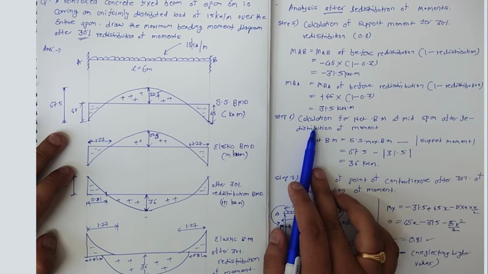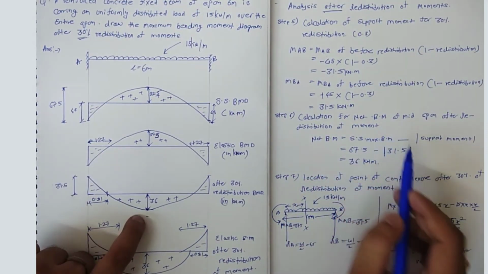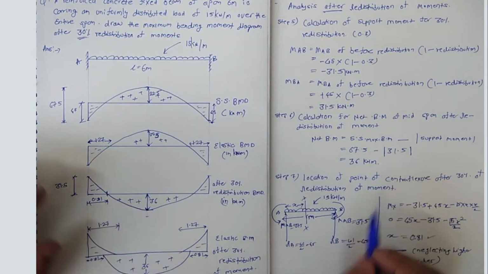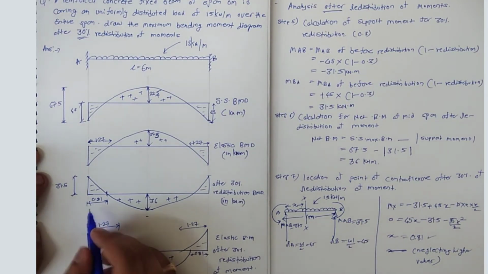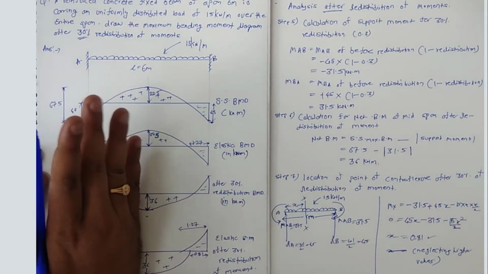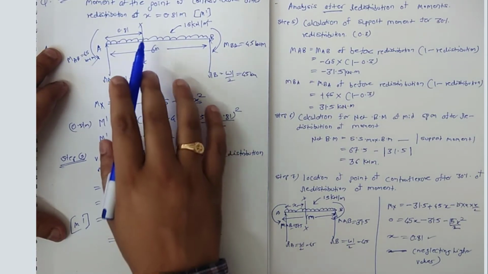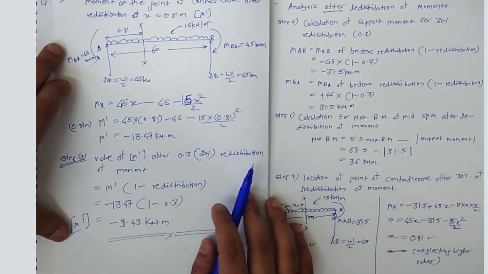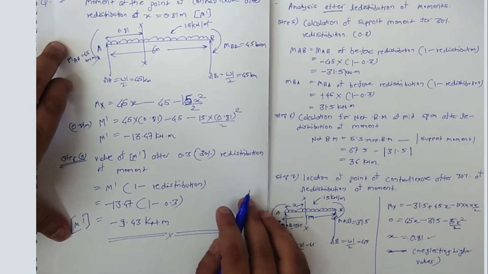Then we calculated the net bending moment at midspan, which came out to be 36, and then we calculated the point of contraflexure, which is coming out to be 0.81. So this way we have done the analysis before redistribution, the analysis after redistribution, and finally we have again drawn the calculation for bending moment before redistribution. For bending moment we need to calculate before redistribution by using the point of contraflexure after redistribution. That will be M dash.